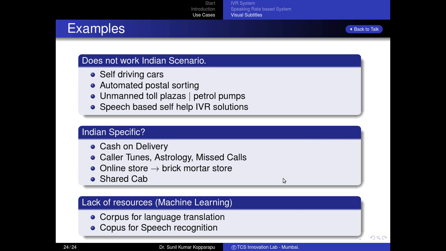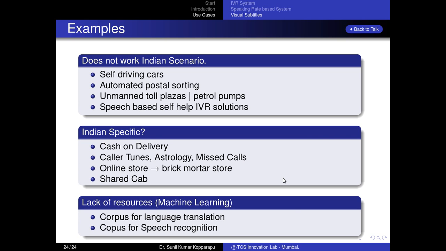Can we imagine unmanned toll plazas and petrol pumps in India? Probably not, because we are a little different. And speech-based self-help IVR solutions also wouldn't work because of the degree of languages, the noises and things like that.